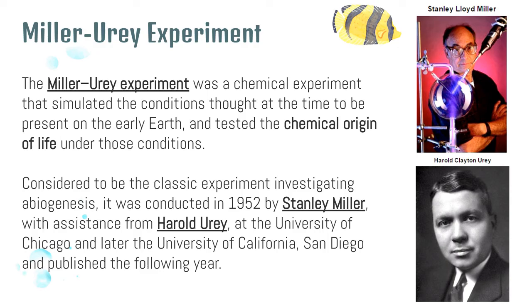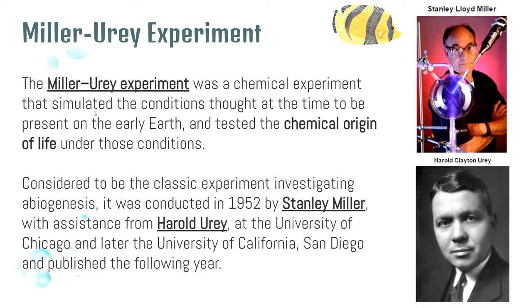Now, whenever we mention chemical evolution, we have to talk about the Miller-Urey experiment, okay? So, Miller-Urey are two scientists, okay? So, this is Stanley Lloyd Miller, and this is Harold Clayton Urey. Miller-Urey was a chemical experiment in which these two scientists tried to simulate the conditions of the early Earth.